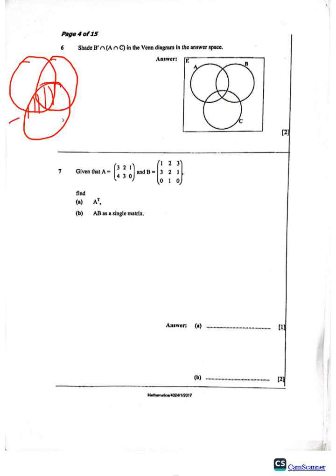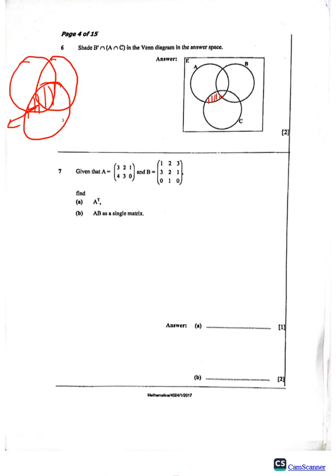So the part that should be shaded is here. So for our final answer, we are just going to shade here. This is our B complement. This means that whatever is in B must not be included, including where it is intersecting the A and C.